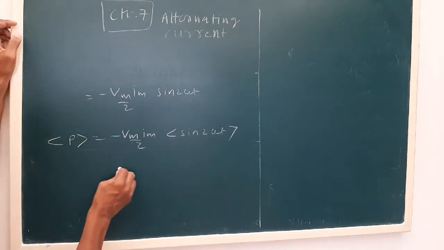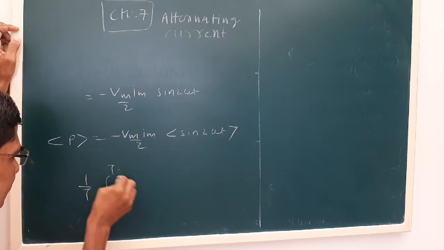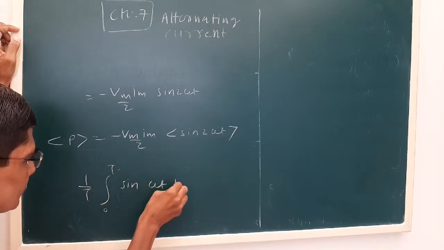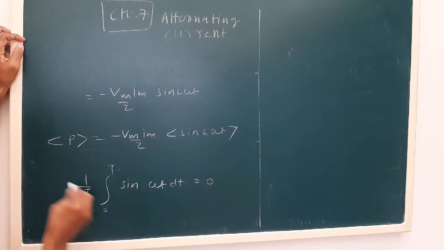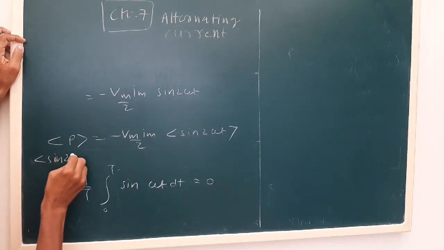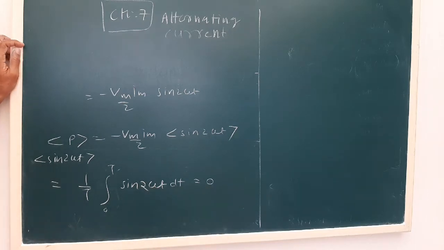Just as we used to write one upon T integral, in the same way the average value of sin 2 omega t is also 0. So this value will become 0.